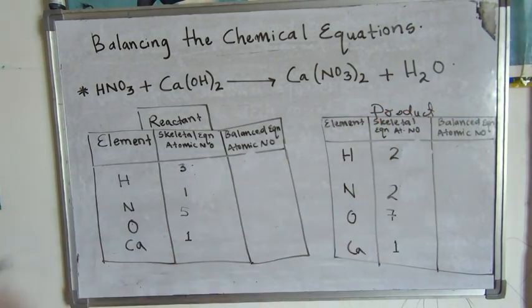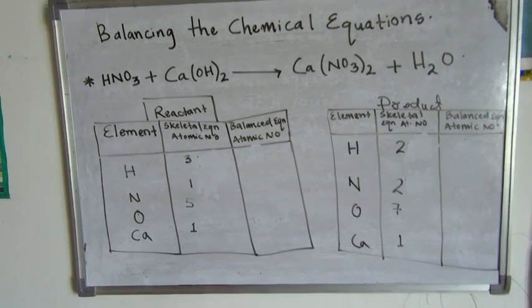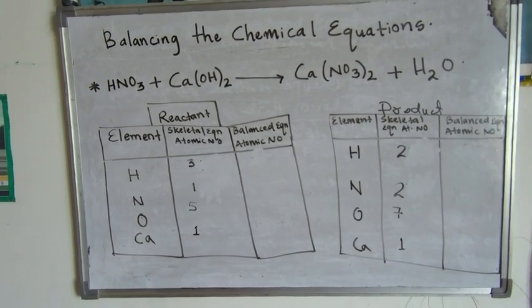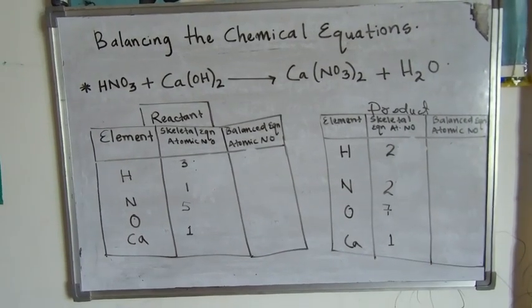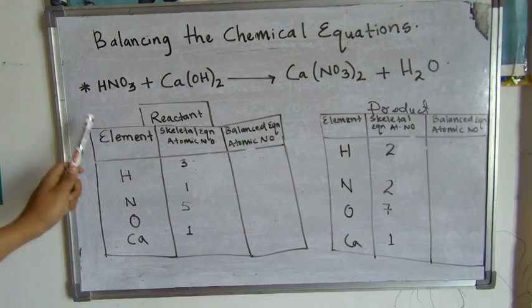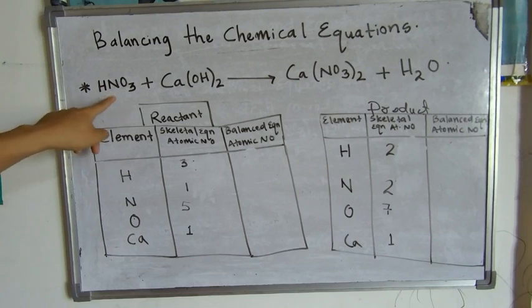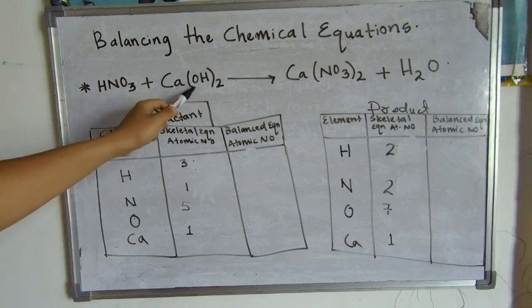This is the product side, and here you'll find that all the elements present on the reactant side will also be present on the product side. So what are the elements? Hydrogen, nitrogen and also oxygen, calcium, oxygen, hydrogen.